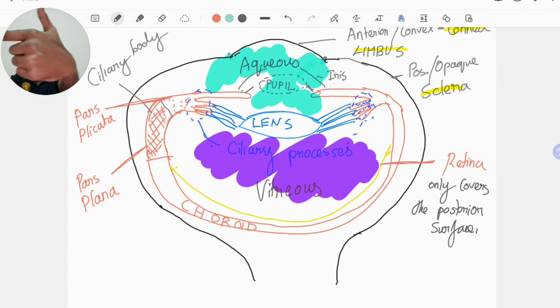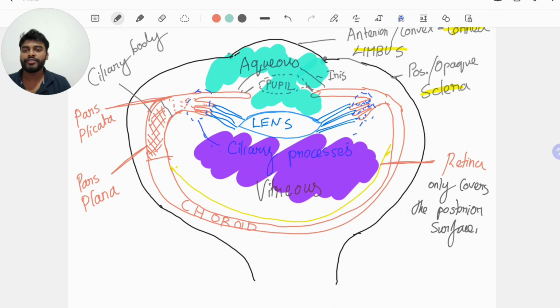Here comes your choroid, and the outer layer of the choroid will be the retina. Here, in between the ciliary body, come the zonules, and the lens will be attached here. Okay, with this we have finished the layers and structure of the eye.